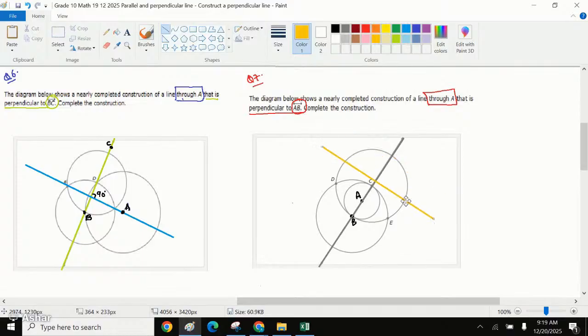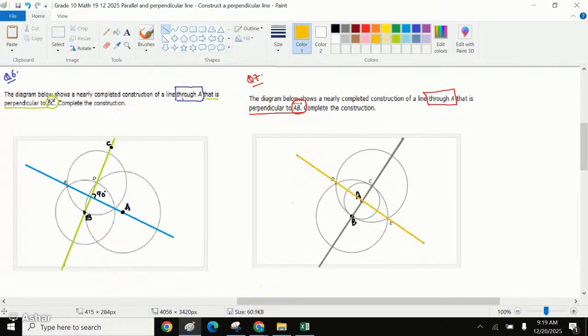What is the point? Is it through C or through B? No, it is through the point A, right? So it has to pass through the point A to complete our condition.